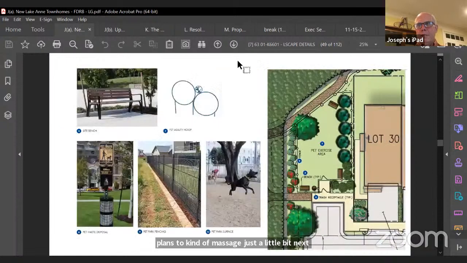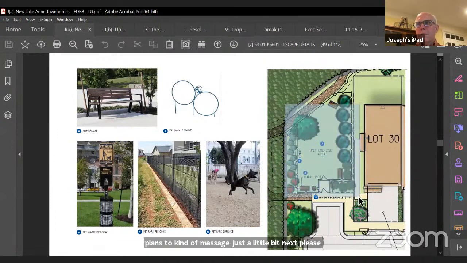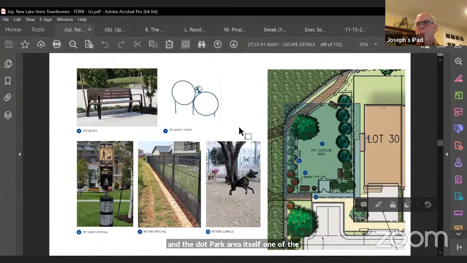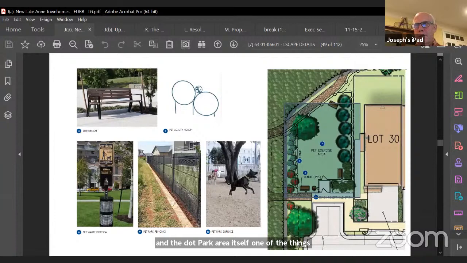Next, please. And the dog park area itself, one of the things that we want to do is perhaps move the fence away from the sidewalk of lot 30 so that the dog's not right there nipping at your toes as you go into lot 30. And perhaps move the fence to plan left and then have the shrubbery and the screening on the outside of the fence versus inside the fence, so the plants can be protected from the dogs, but also do the work for lot 30 there.